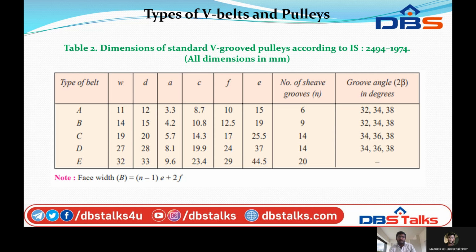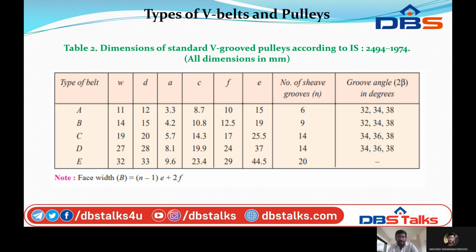grooves, groove angle in degrees. So for type A, width W, D 12, A 3.3, C 8.7, F 10 mm, E 15 mm, and number of grooves N equal to 6, groove angle 32 or 34 or 38.